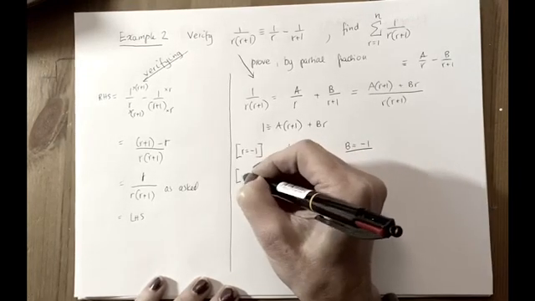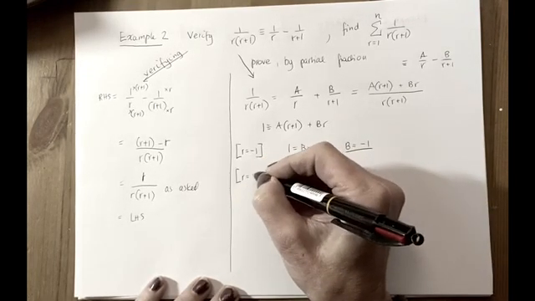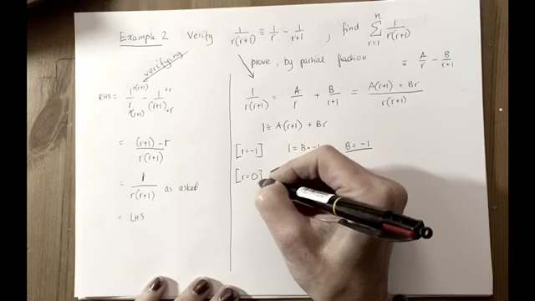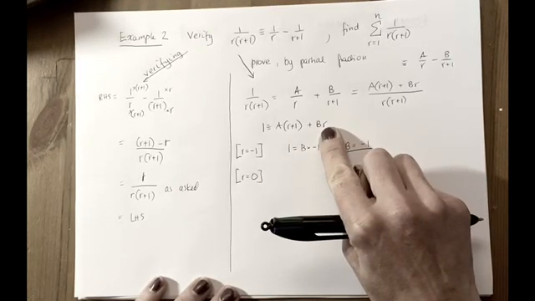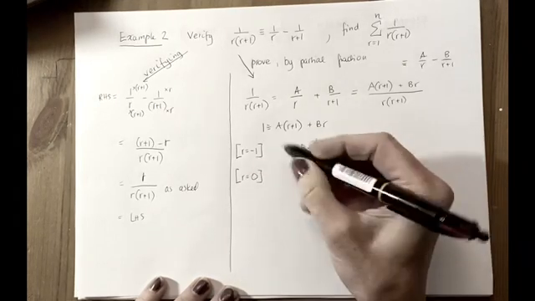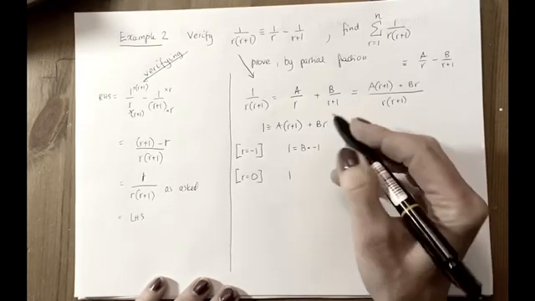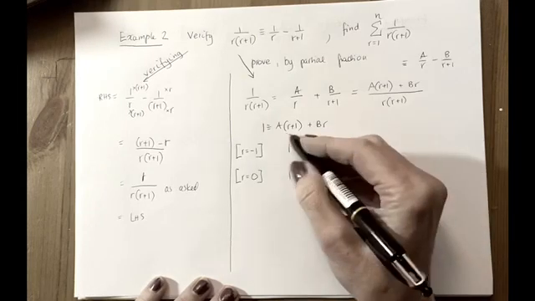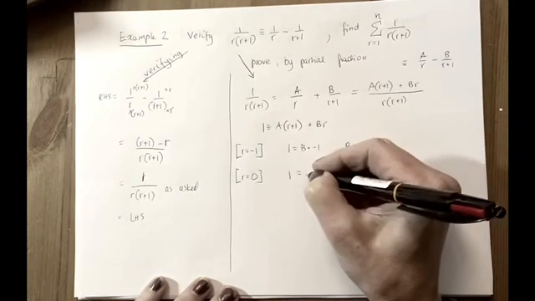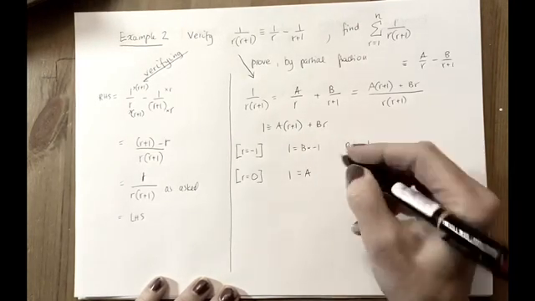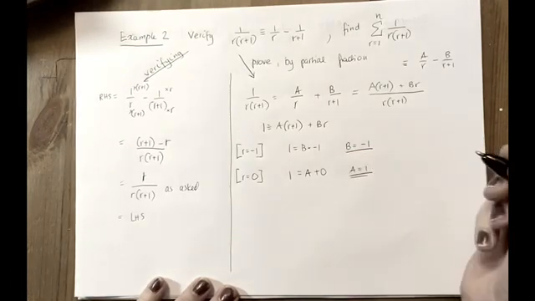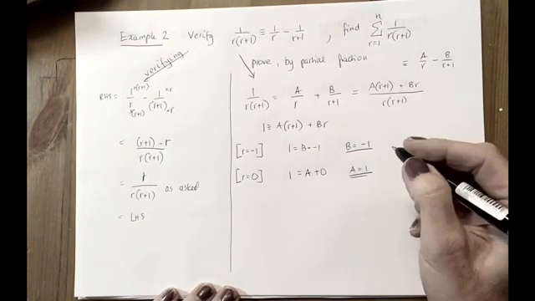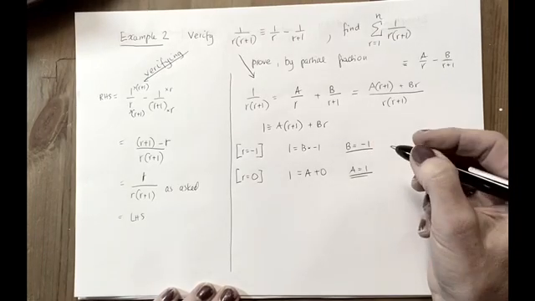The second factor to disappear is this one, and it will happen when we make it equal to 0, so you could substitute r equals 0. So if I put 0 wherever r is, you'll have a times 1, so you'll be left with a, and b goes to 0. So a is equal to 1, and here are your values of a and b.